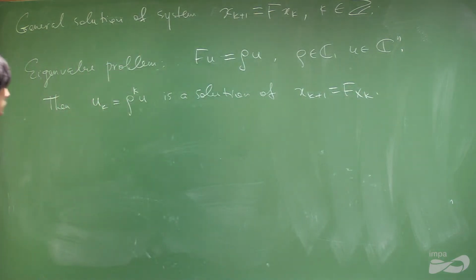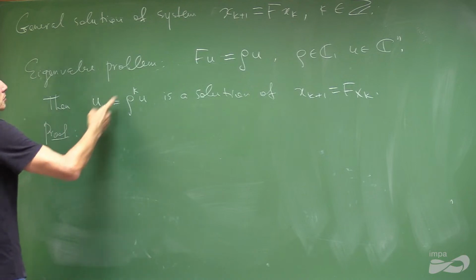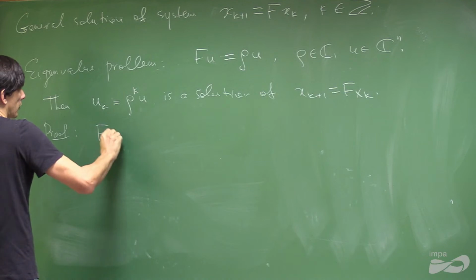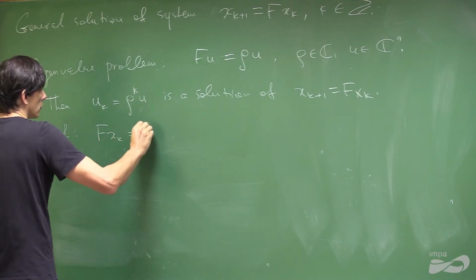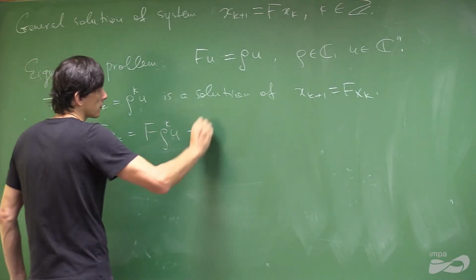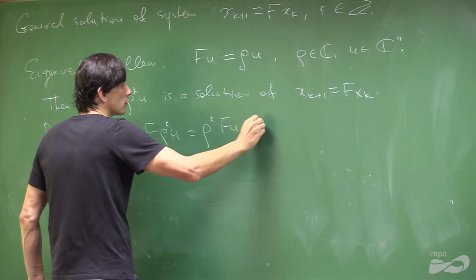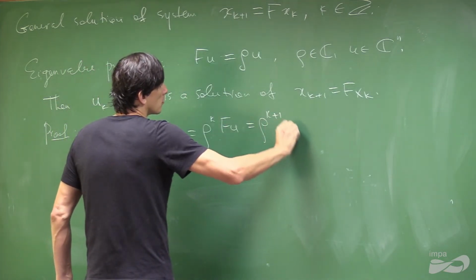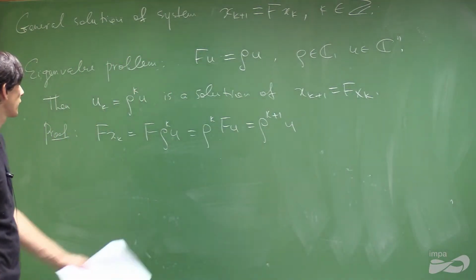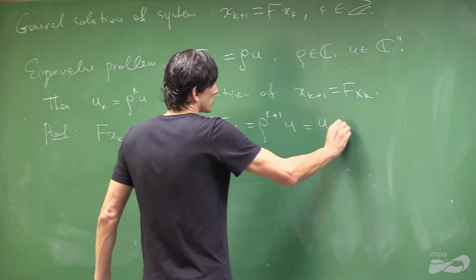So how to see it? The proof is just to substitute into the problem. You see that F x_k equals F rho^k u, rho^k you put outside. And now remember that this is an eigenvector, so you add 1 to the power, and this is exactly u_{k+1}.